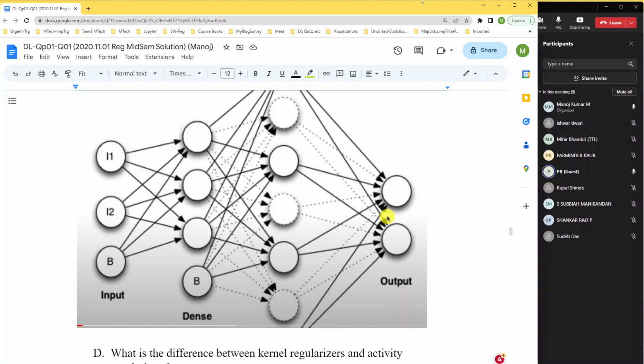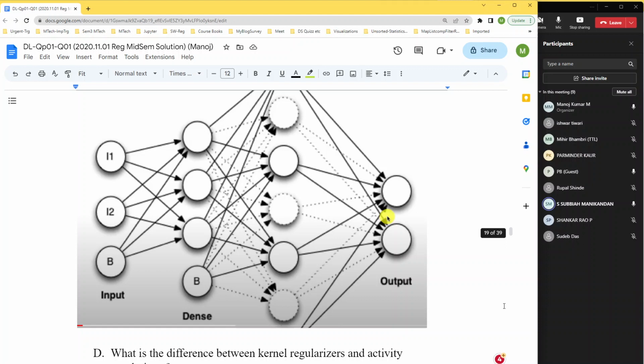In L1, the weights become zero, so the features related to those weights drop and vanish from the training model. In the case of L2, it doesn't happen like that. L2 keeps your weight and keeps your features there with a very low, small percentage of weight. It will keep it.